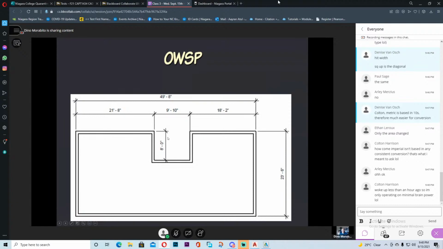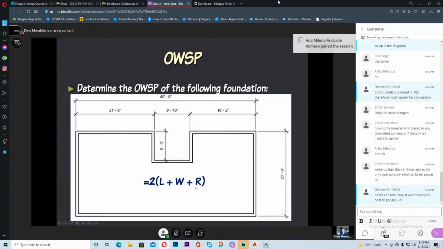So when I'm going to do a perimeter calculation for a building that has a recess, I'm going to need to do one more step: I'm going to take the length plus the width plus the recess, and multiply that by 2. If I had more than one recess in here, I'd add those in as well, and then I'd multiply the whole sum by 2. Again, this area is different than the first one, but the perimeter is very similar, except I need to add in that extra.